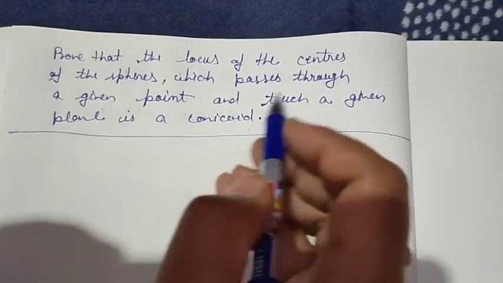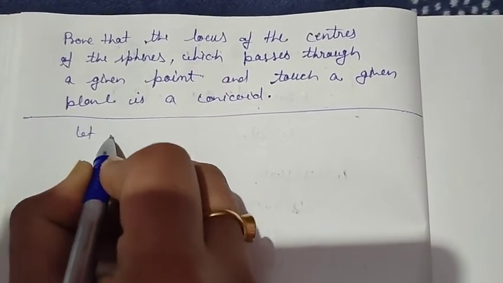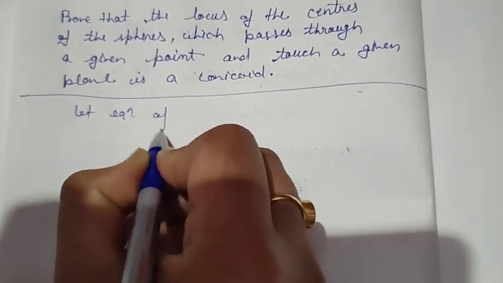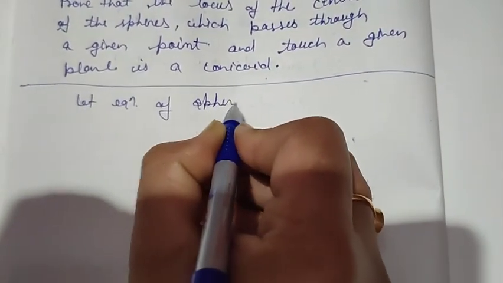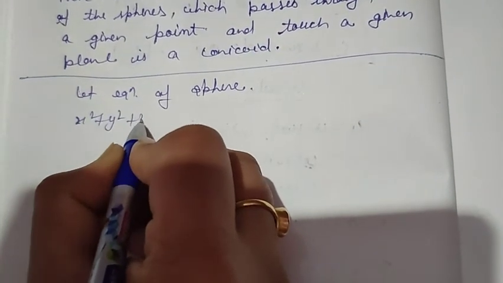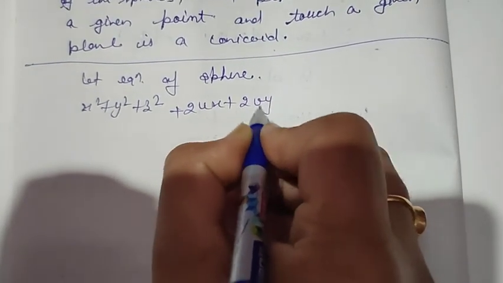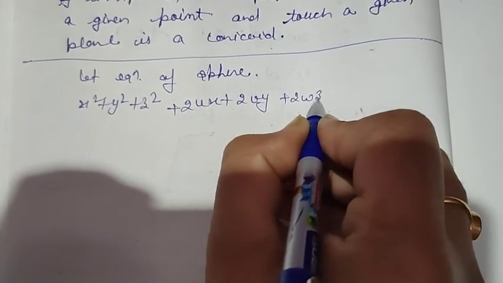So for the locus of the center of the sphere, first of all we take the equation of the sphere. Let the equation of the sphere be x square plus y square plus z square plus 2ux plus 2vy plus 2wz plus d is equal to 0.